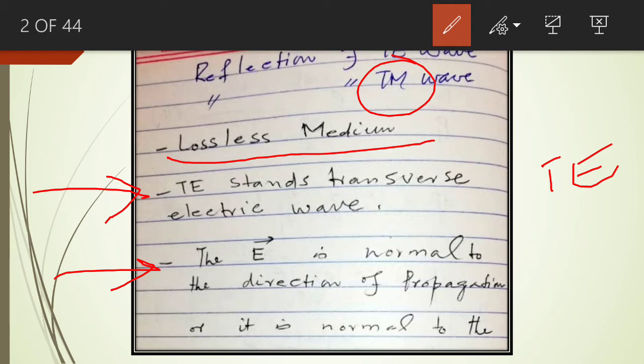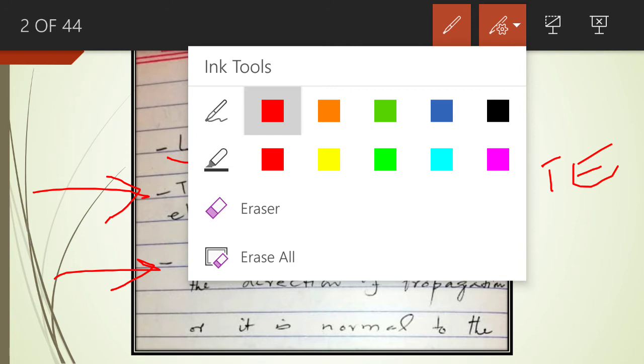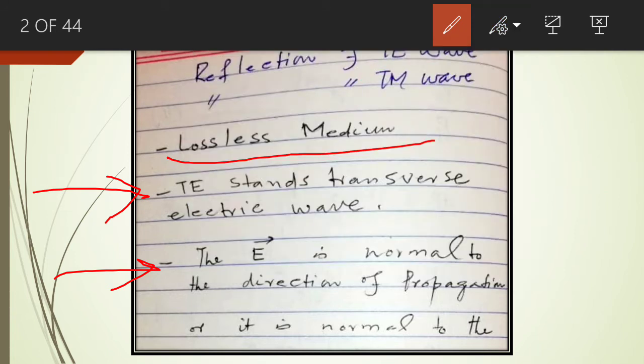Anyhow, in this particular class, we are going to talk about the reflection of the transverse electric wave, and we shall consider the electric field intensity of the incident wave, the electric field intensity of the reflected wave, the electric field intensity of the transmitted wave, and this electric field intensity will be normal to the plane of propagation.